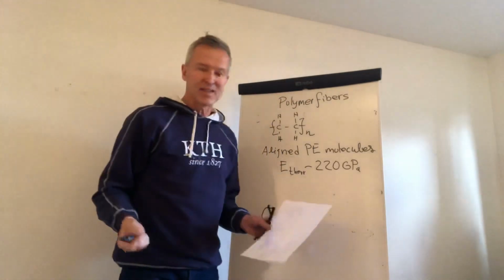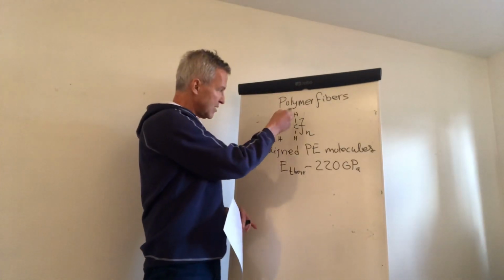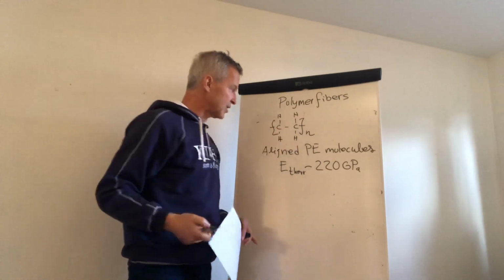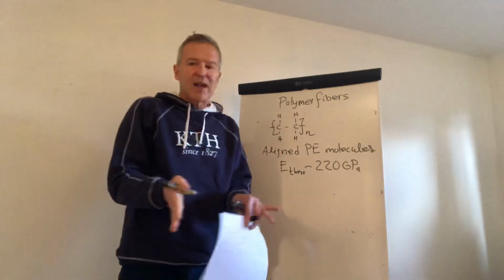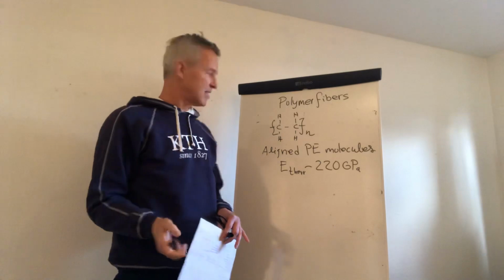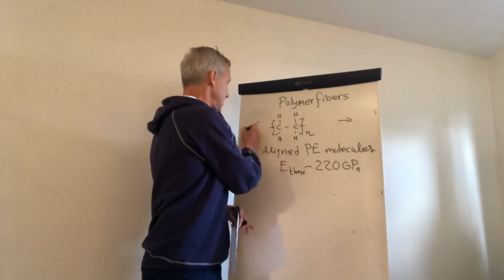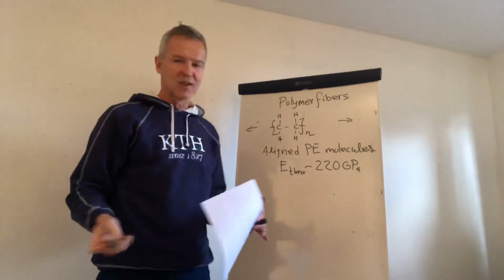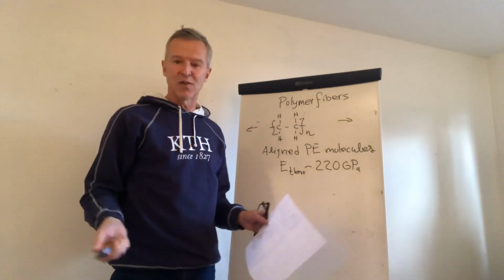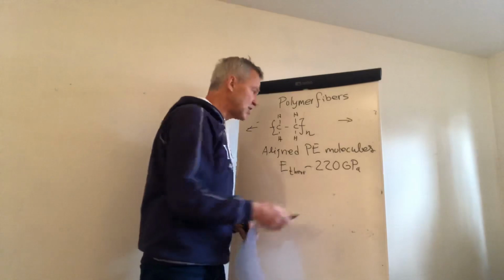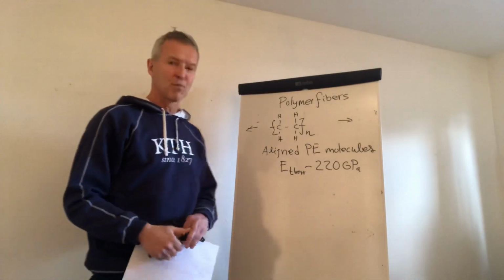And the reason for that is that because of these small side groups, these are only hydrogen atoms, we can pack the polyethylene molecules very densely, and as a consequence, if we load it in the same direction as we have the molecules, we're loading high energy covalent bonds, and we can achieve very high values for modulus.